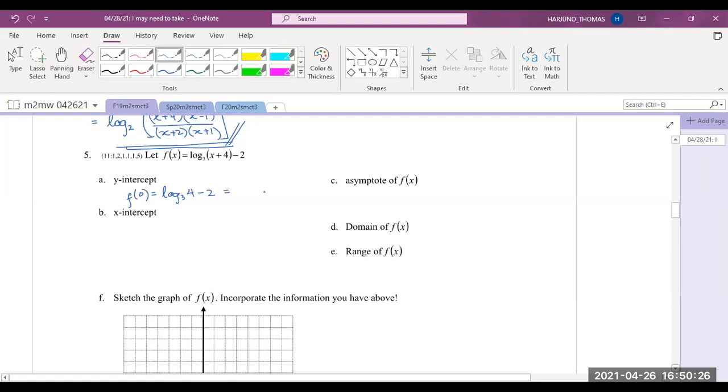And then subtract 2, that will be a bit less than 0. I don't know for sure. I can use a calculator later on, but the exact solution for the y-intercept will be (0, log base 3 of 4 minus 2). Just leave it like that.